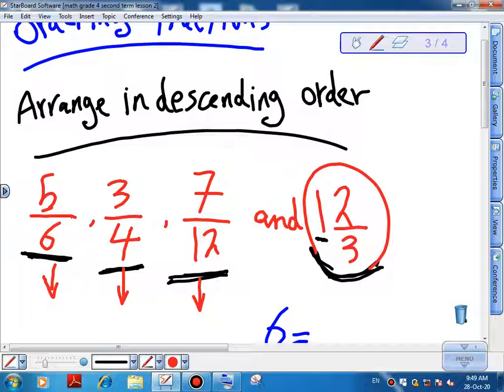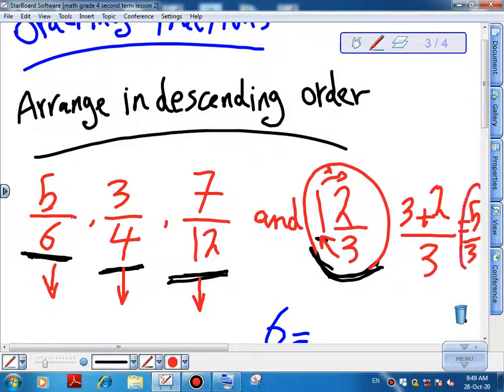Okay? So 1 and 2/3, can we convert this mixed number? Yes, the denominator will be 3. 3 times 1 equals 3, plus 2 equals 5. It will be 5/3, an improper fraction.